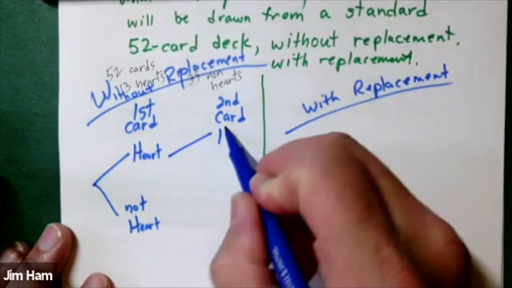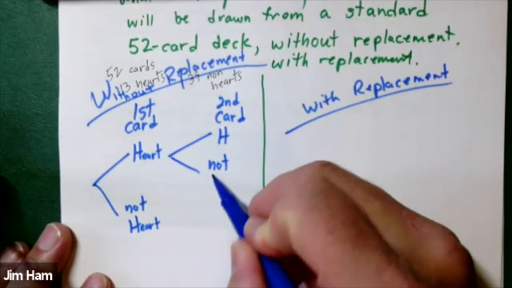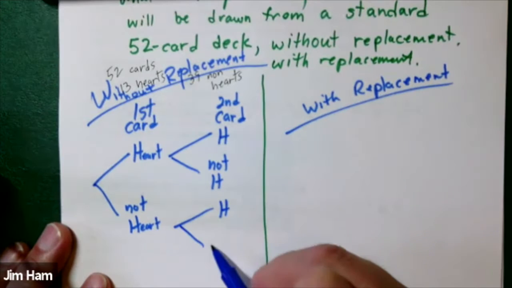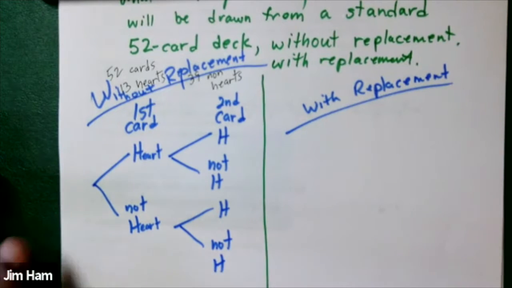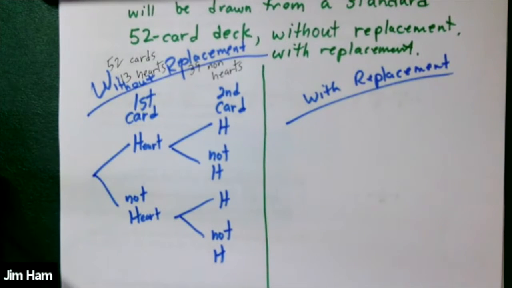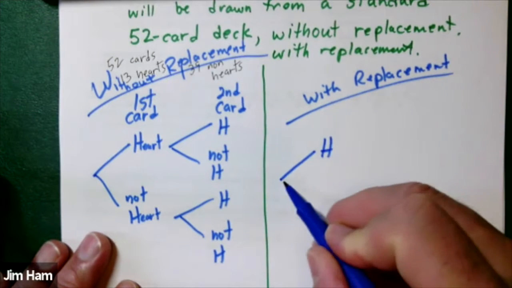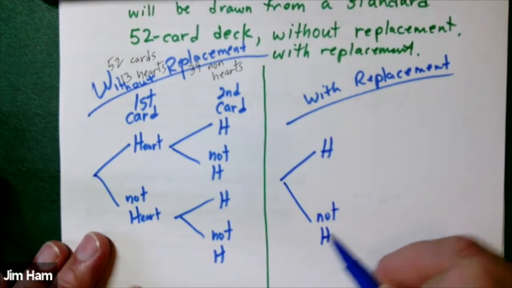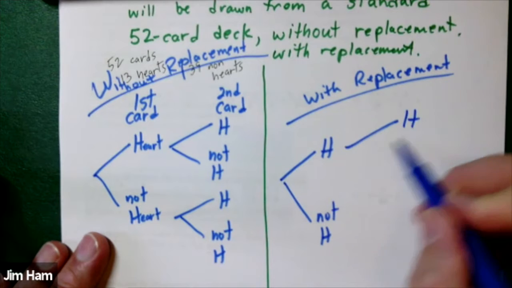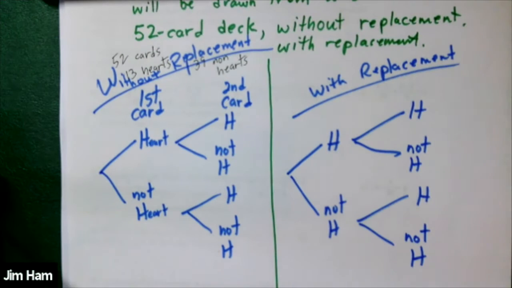All right, so heart, not a heart, heart, not a heart. So this represents the full experiment of drawing 2 cards out of the deck, where your intent is to calculate the probability that you get 2 hearts. If we do replacement, that doesn't change the tree diagram at all, at least the initial part of it. Okay, so let's go through each of these scenarios, see where they're different, and then talk about independence.